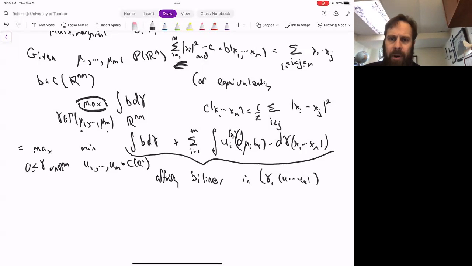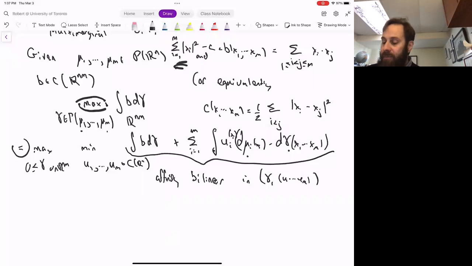If we remember the von Neumann min-max theorem and two-player zero-sum games, this is like a game where one player is choosing gamma and the other player is choosing u_1 through u_m. Notice that if the ith marginal of gamma did not match mu_i, then by suitable choice of u_i I'd be able to make the min go to minus infinity, and it wouldn't contribute to the max. So that's why I have this equality here.